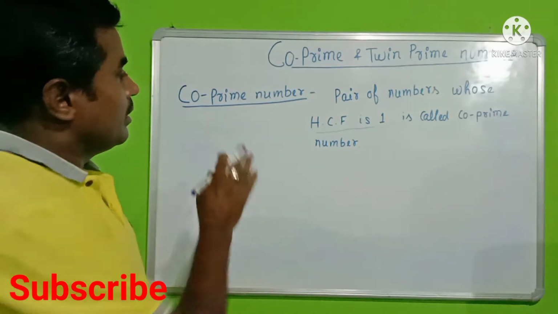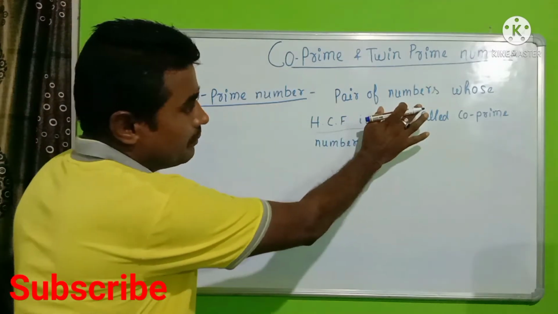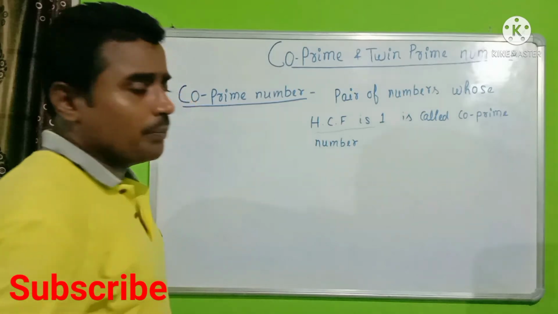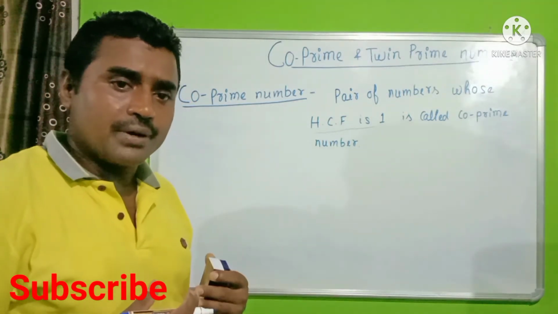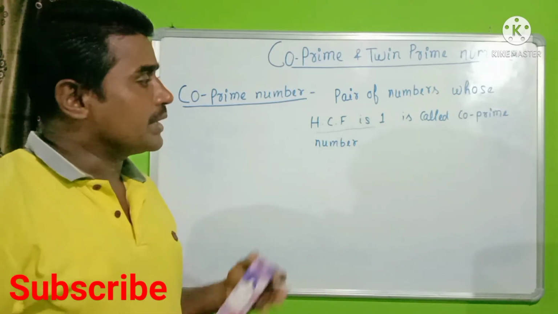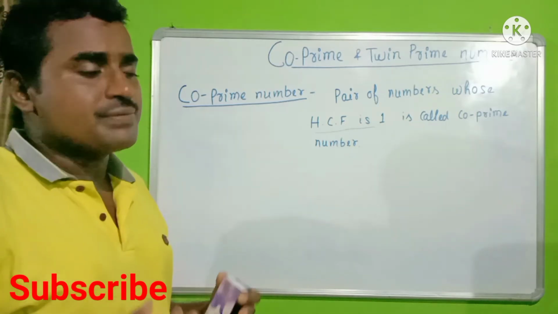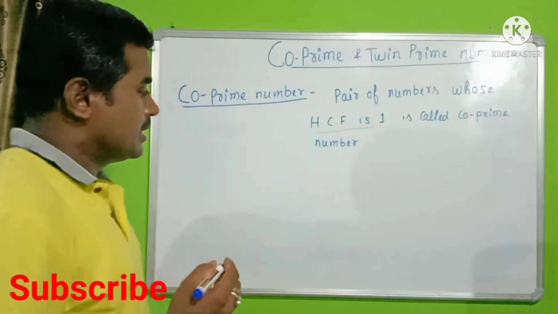Very simple. So let's give some examples to understand coprime number very easily.